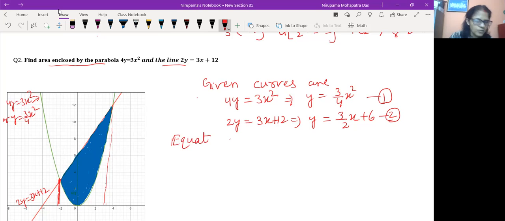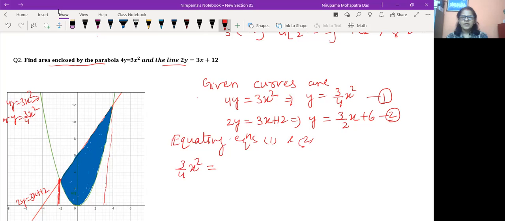So equating equations 1 and 2: here you have 3 by 4 x square for y, and in the second equation you have 3 by 2 x plus 6. This will make our work simplified. So 3 by 4 x square equals (3x plus 12) divided by 2.